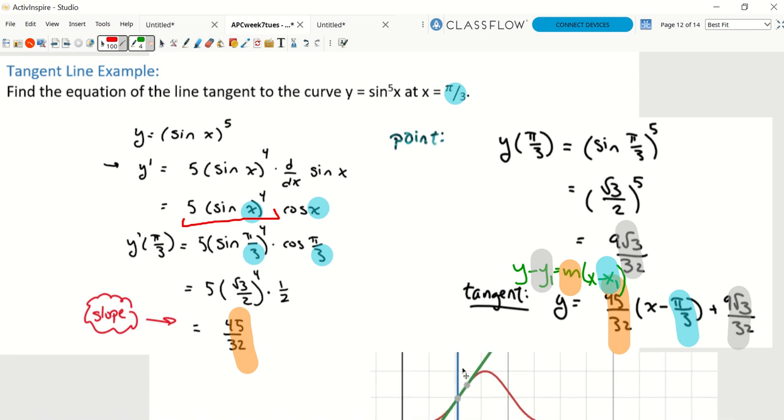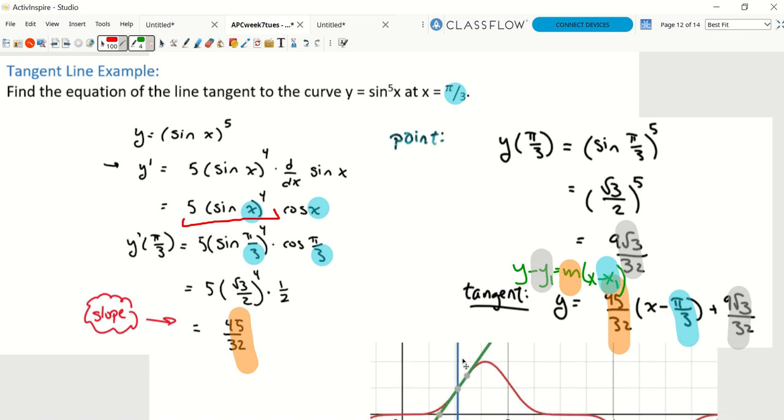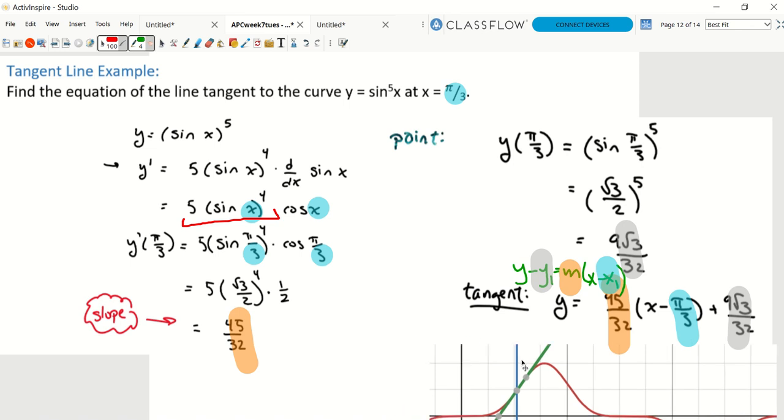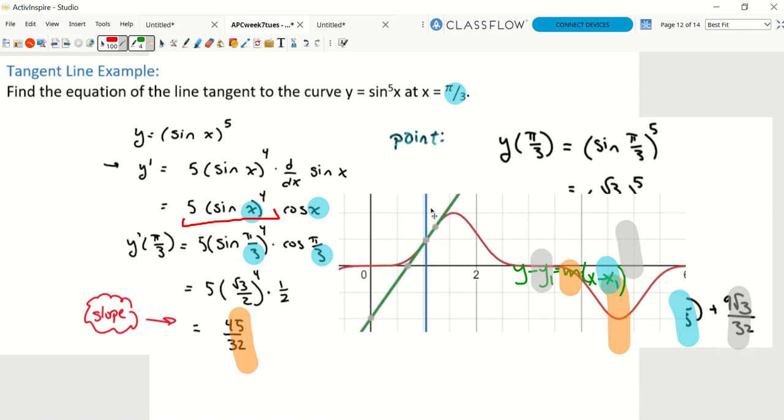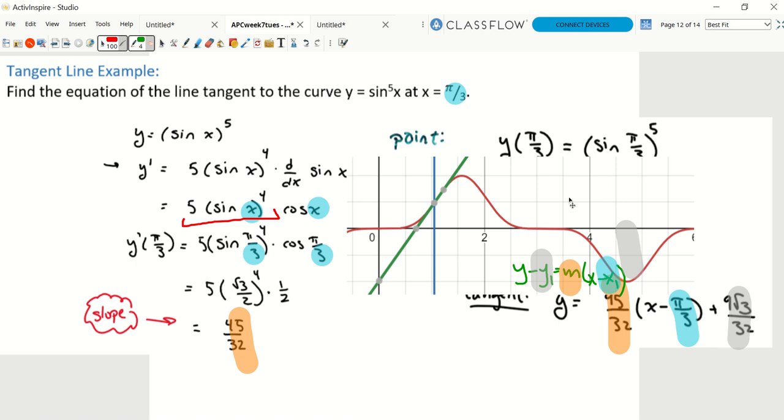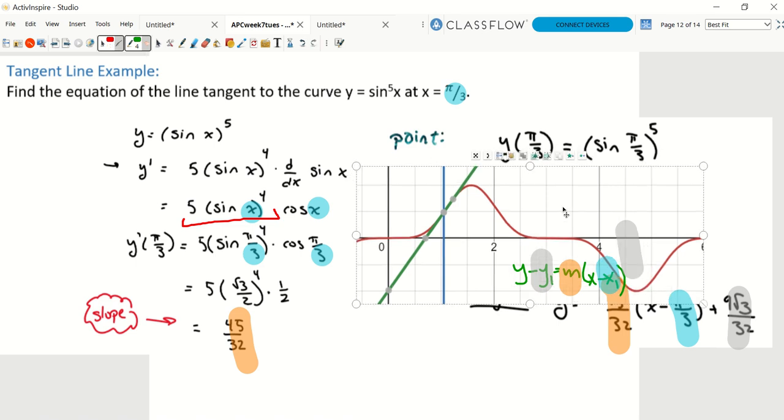Now, what I was going to say is this. If I graph this original function, I get the red graph, and x equals pi over 3 is this point right here. If it's asking for the line tangent, it's asking for this green line right here.